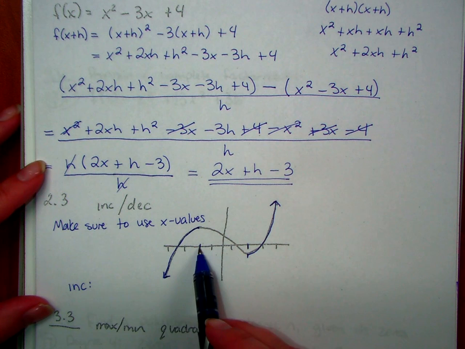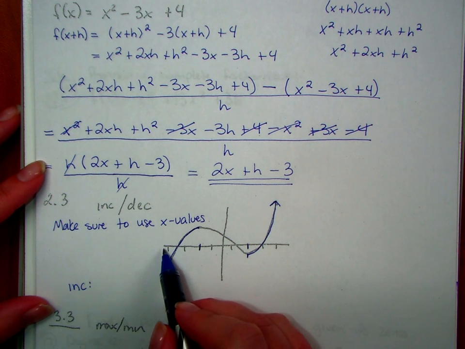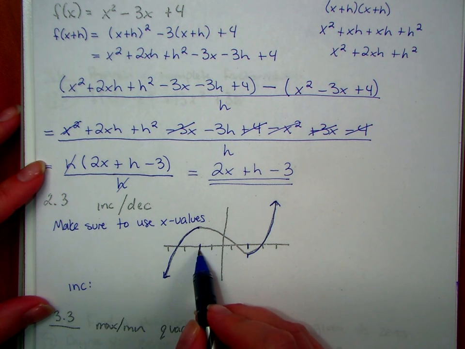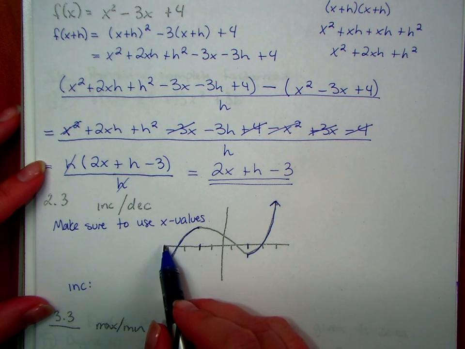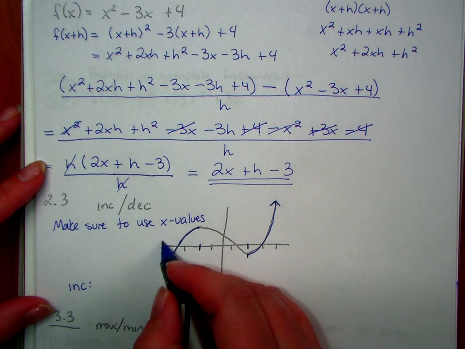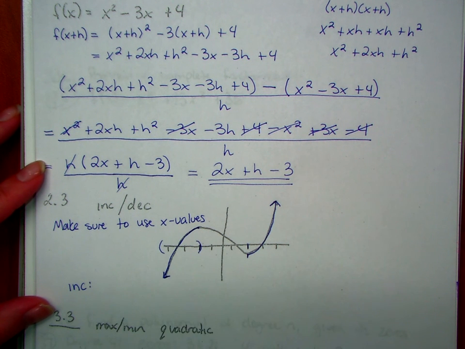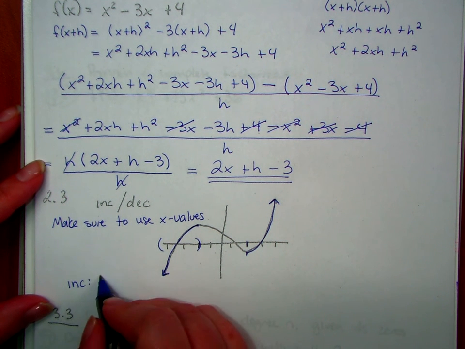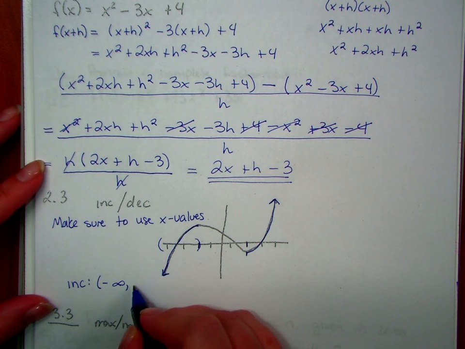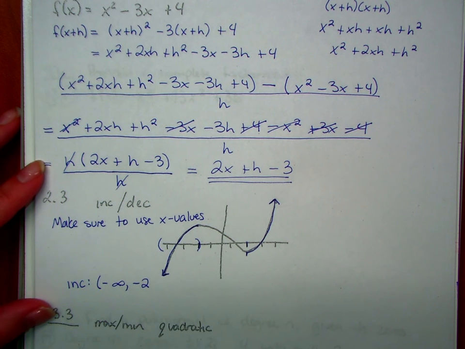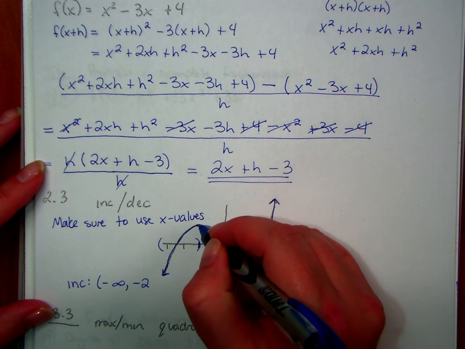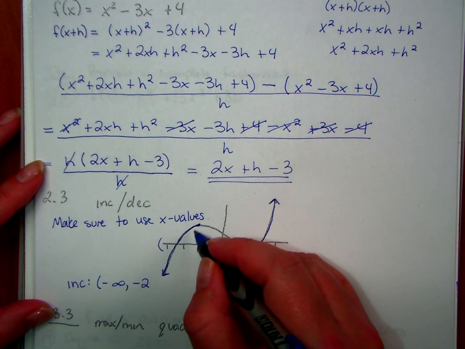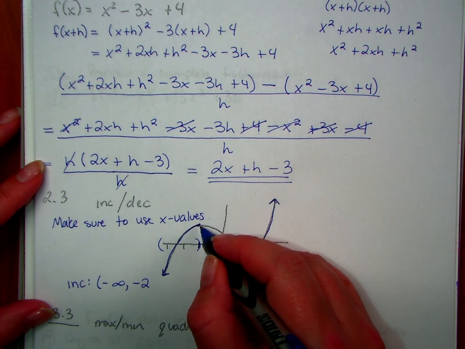So before negative 2, we want to make sure we're writing this in the correct order. So least to greatest. So the least number here of this interval where it's increasing is negative infinity to negative 2. Okay. Now at negative 2, right here where this function is changing, it's not increasing nor decreasing there, so we don't want to include it with a bracket.